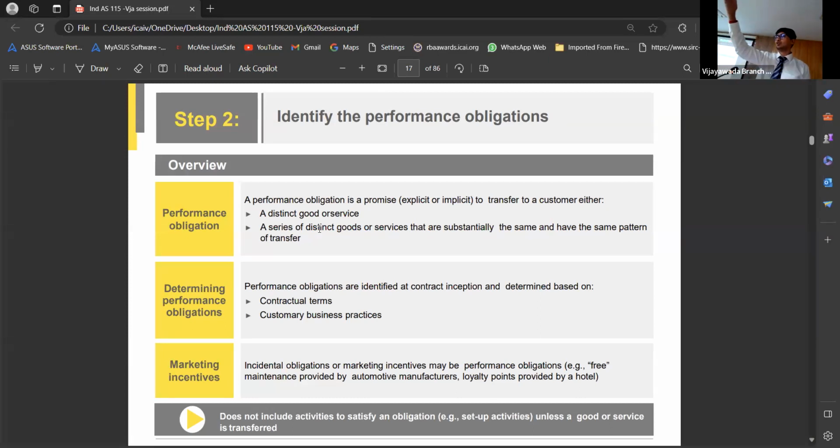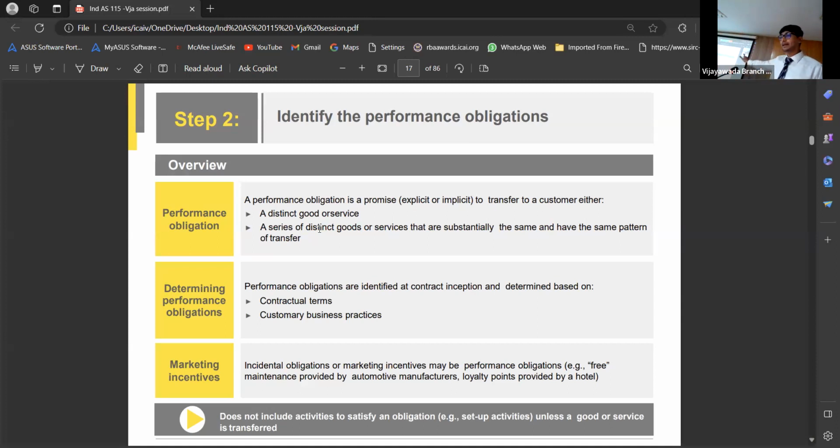If, for example, we see a lot of PGs, right? Paid guest house, someone has to maintain it. So a lot of contractors would take that job also. But there are a lot of activities you have to do. It's not one activity or two activities. For that, you charge some fixed fee, say 5% of the rent, whatever, right? So there also you have series of distinct good and service activities.